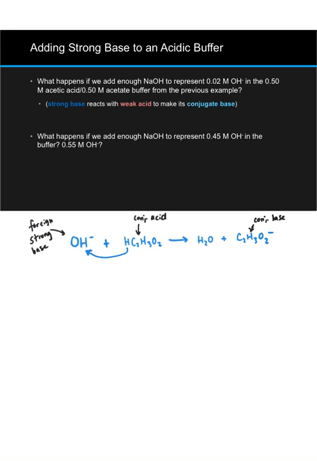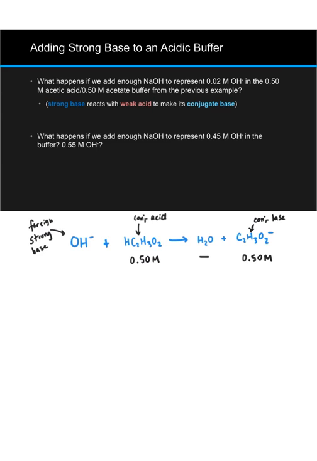Because this reaction goes to completion, we can treat it like any general chemistry 1 reaction. We know that we started our buffer with 0.5 molar acetic acid and 0.5 molar acetate.